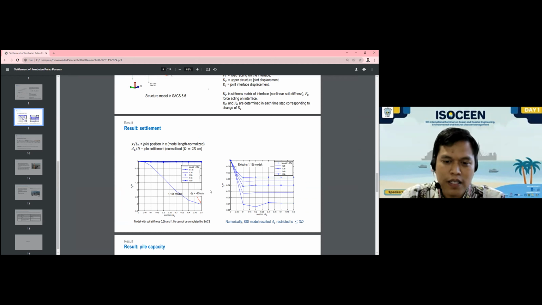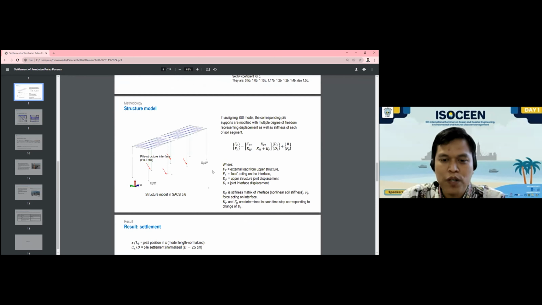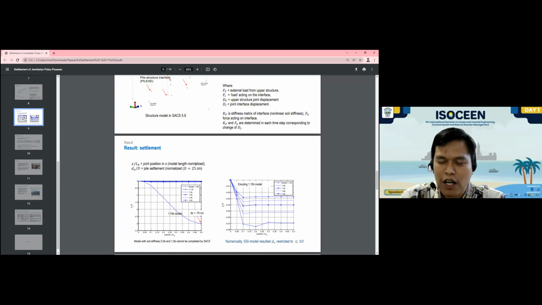The stable condition of the model cannot be met, and as we can see, the soil structure interaction is considered as a spring model, which is limited to some level of settlement.